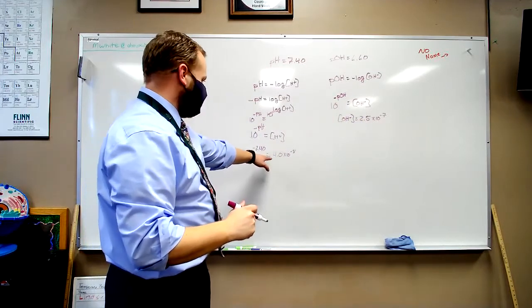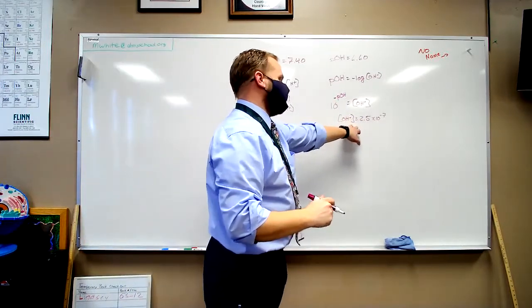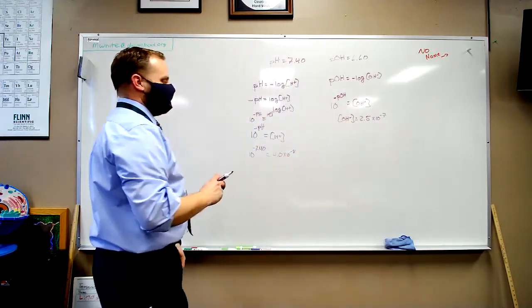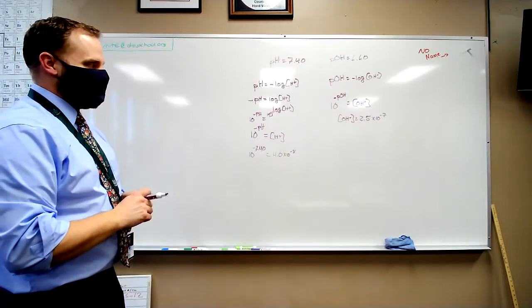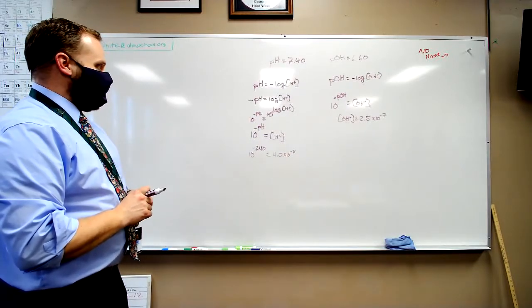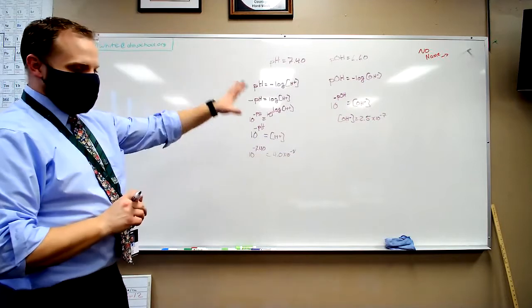That does show us that our hydroxide concentration is a bigger number than our hydrogen concentration, which tells us that it's basic, which is what we would expect. So that's the way the example problem does it.